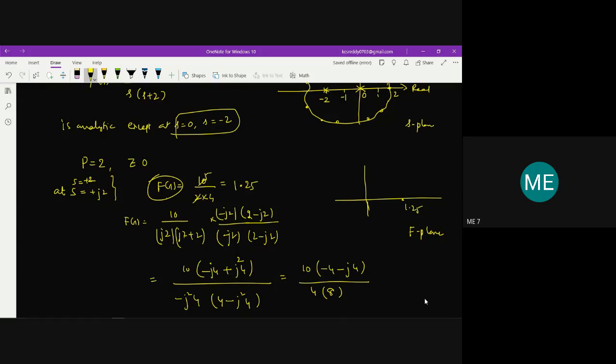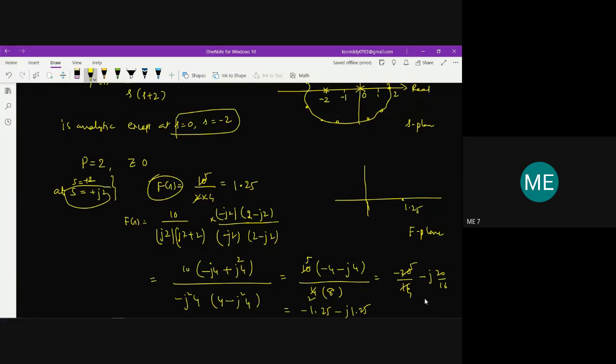So here, 5 by 16, so minus 20 by 16, then minus j20 by 16. It means I'll be getting minus 1.25 minus j1.25. So in the f plane, for the value of s equal to j2, see, this is the s plane which you have drawn.